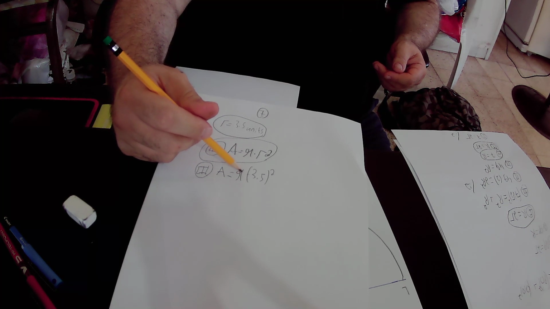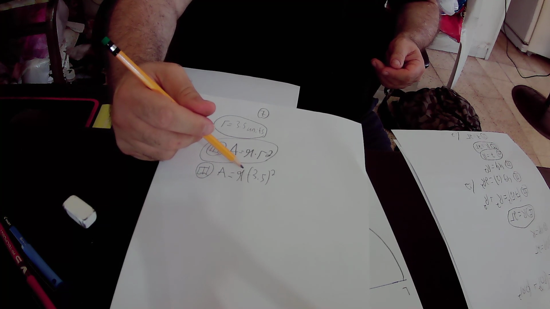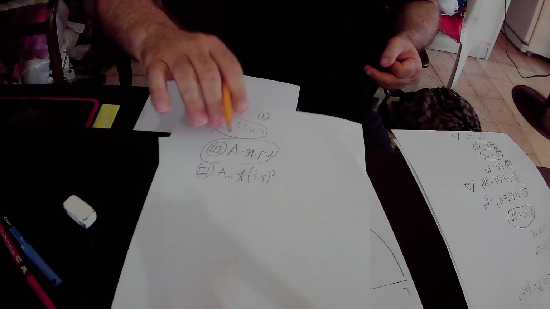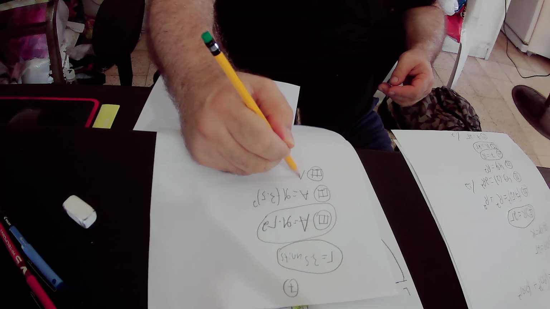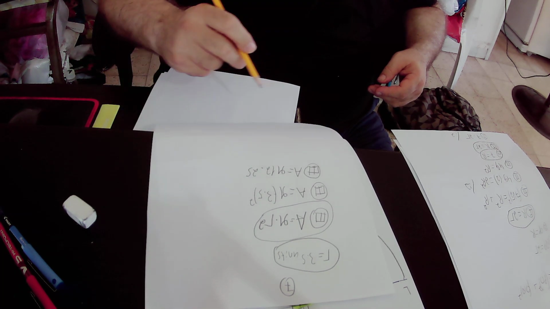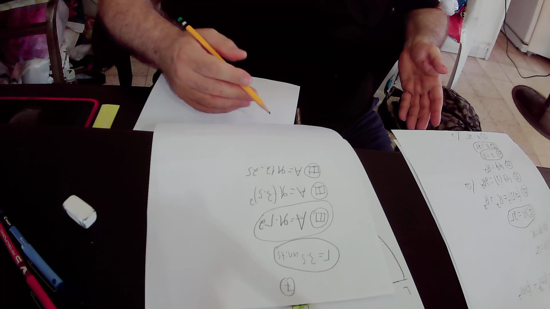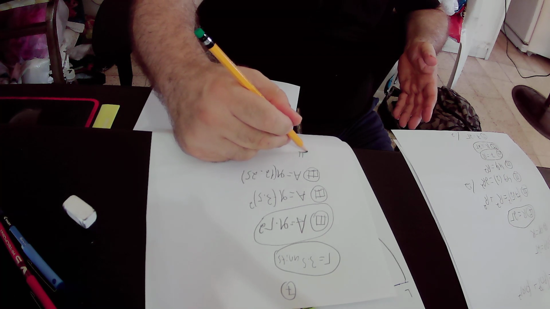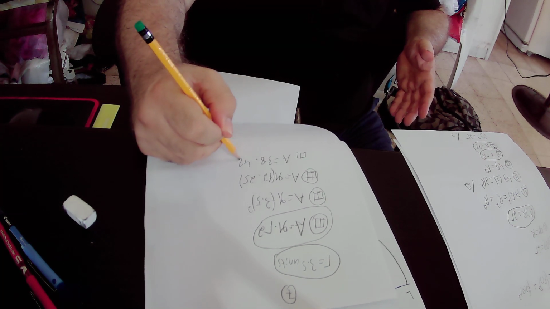So now 3.5 units squared equals 12.25. Pi times 12.25, because 3.5 squared equals 12.25, and pi times 12.25 equals 38.48 units.